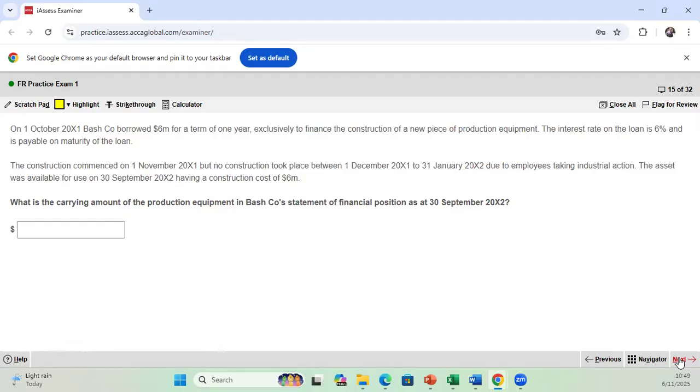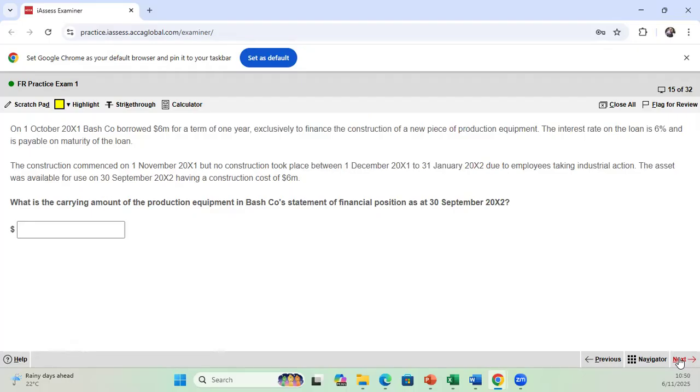So for the carrying amount of the equipment, we start with the 6 million we used, which is the cost. Then the finance cost: what is 6% of 6 million? 6% of 6 million is the finance cost for the whole year, 360,000.